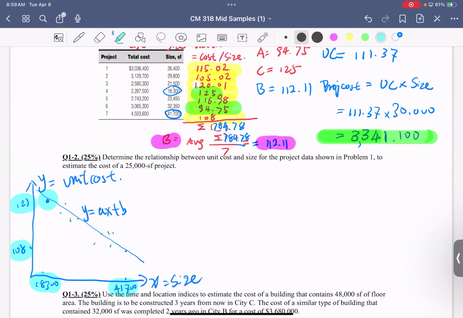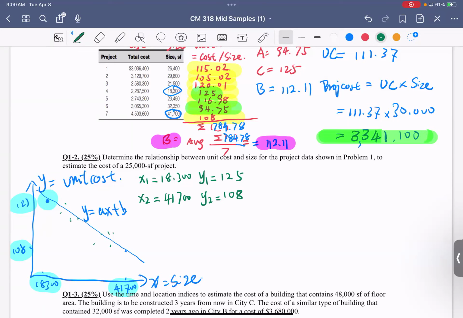So you are going to define x1 is equal to your minimum size 18,300, and your y1 is equal to 125. And x2 is the largest x, which is 41,700, and your y2 is equal to 108. Does that make sense?